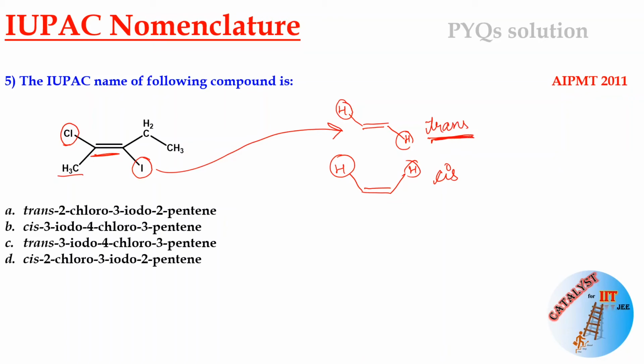Okay, now you have to choose the numbering of your parent chain so that the chlorine and iodine get the least possible numbers. You have to choose from this direction: 1, 2, 3, 4 and 5.